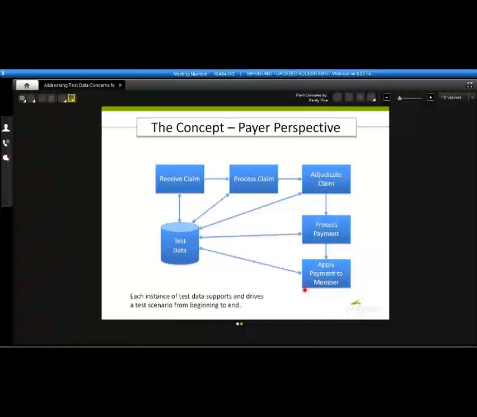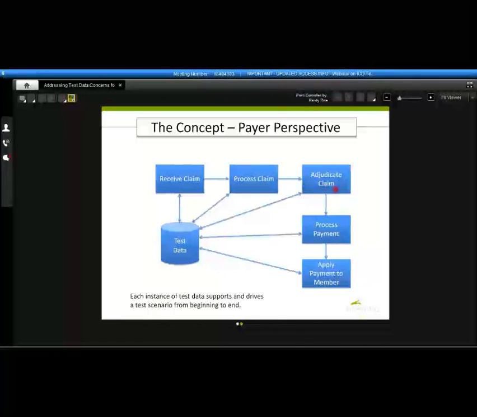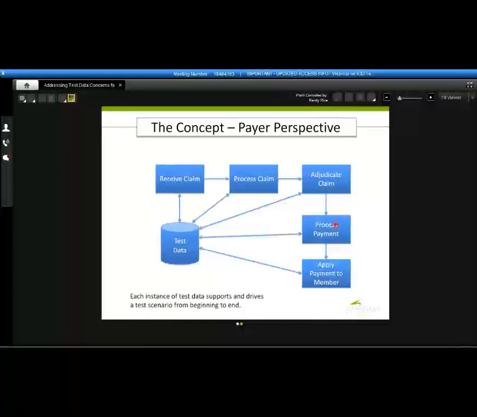Or you may have insurance data, you may have clearinghouse data that you have to deal with. So now we're doing a very similar process, though. We're receiving a claim, processing a claim, adjudicating it, processing a payment. There could be a very high number of processes here, but the thing that drives them all will be this set of reusable and restorable test data.